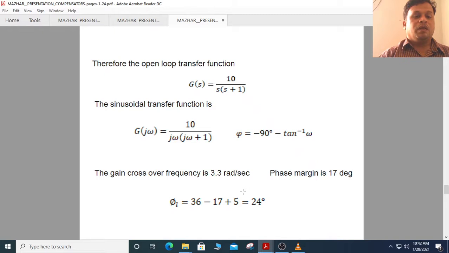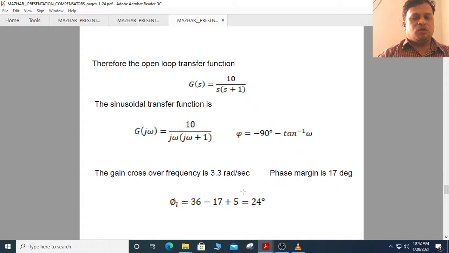Therefore, the open loop transfer function is given by G of s is equal to 10 by s into s plus 1. Now the sinusoidal transfer function is G of j omega is equal to 10 by j omega into j omega plus 1.